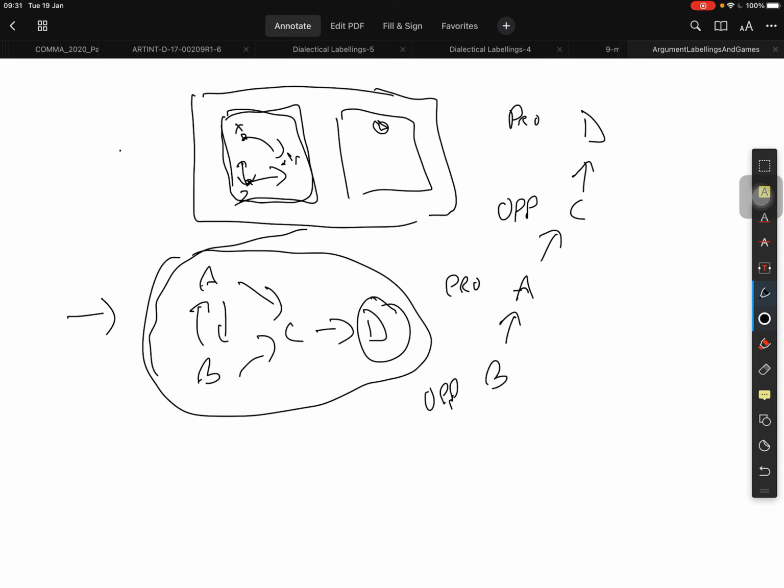However, proponent can look further up and notice that when they moved A against C, there was an alternative. Looking at the framework, they could have also moved B against C.